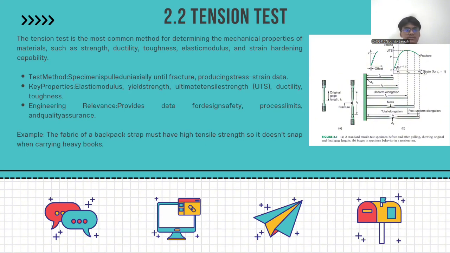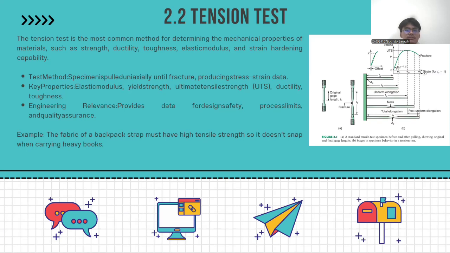In this method, a specimen is pulled axially until fracture, producing stress-strain data. Key properties are elastic modulus, yield strength, ultimate tensile strength or UTS, ductility, and toughness.